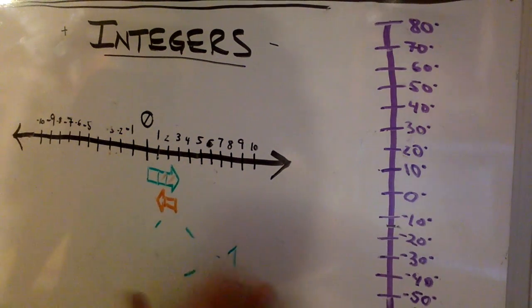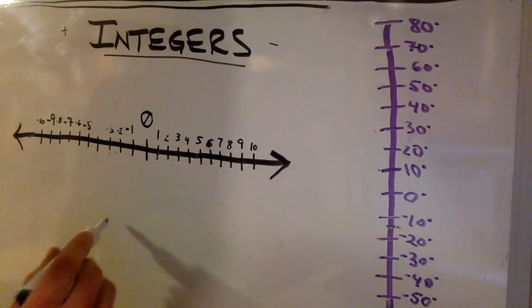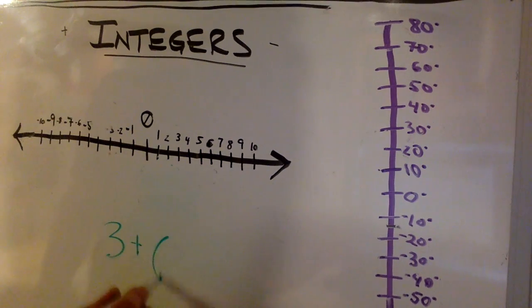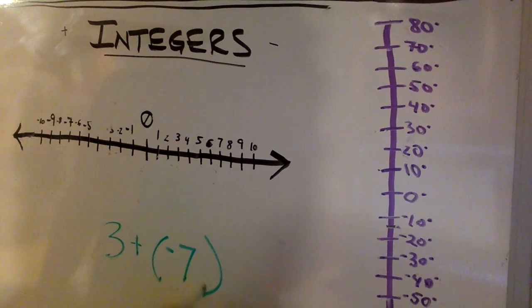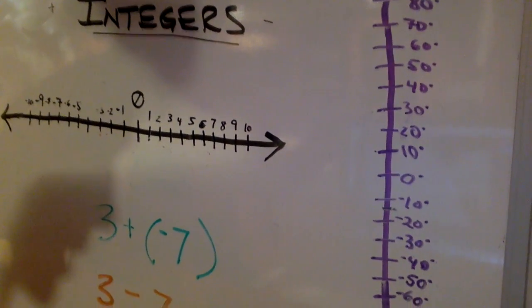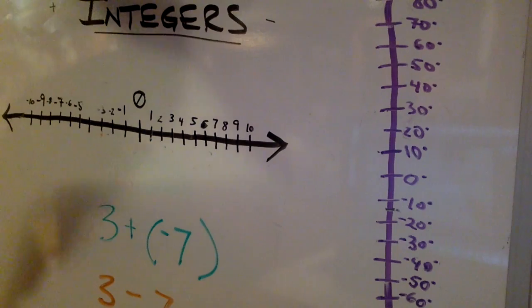Let's look at some situations that are maybe a little bit more complicated. Let's imagine 3 plus a negative 7. Now let's remember, this is actually the same thing as 3 minus 7.